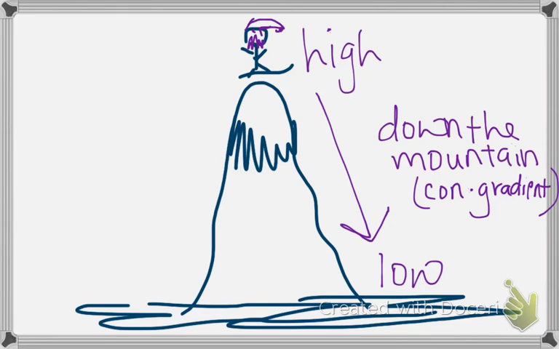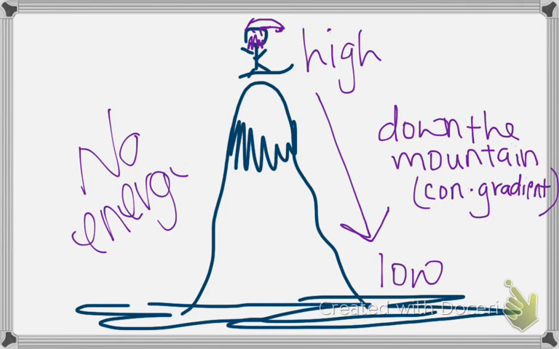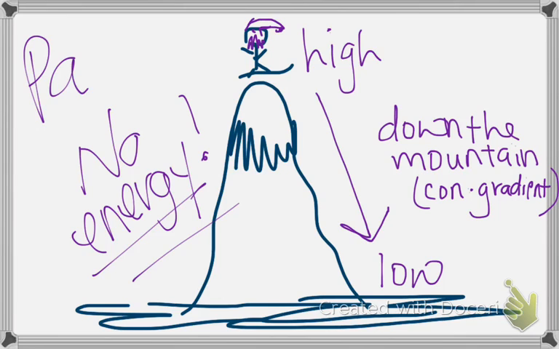There's no trees on this mountain. There are no obstacles in his way. Because of that, it takes no energy for him to just sit on his sled and for gravity to pull him down the mountain. Steve himself does not have to force himself down the mountain. Gravity does it all by itself. He exerts no energy. That's passive transport.